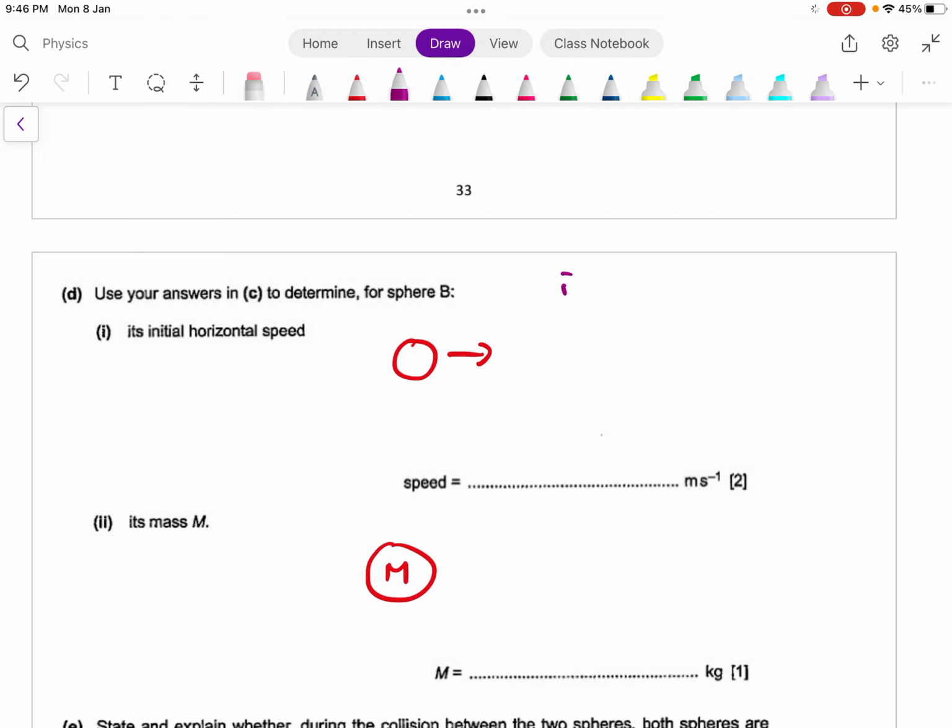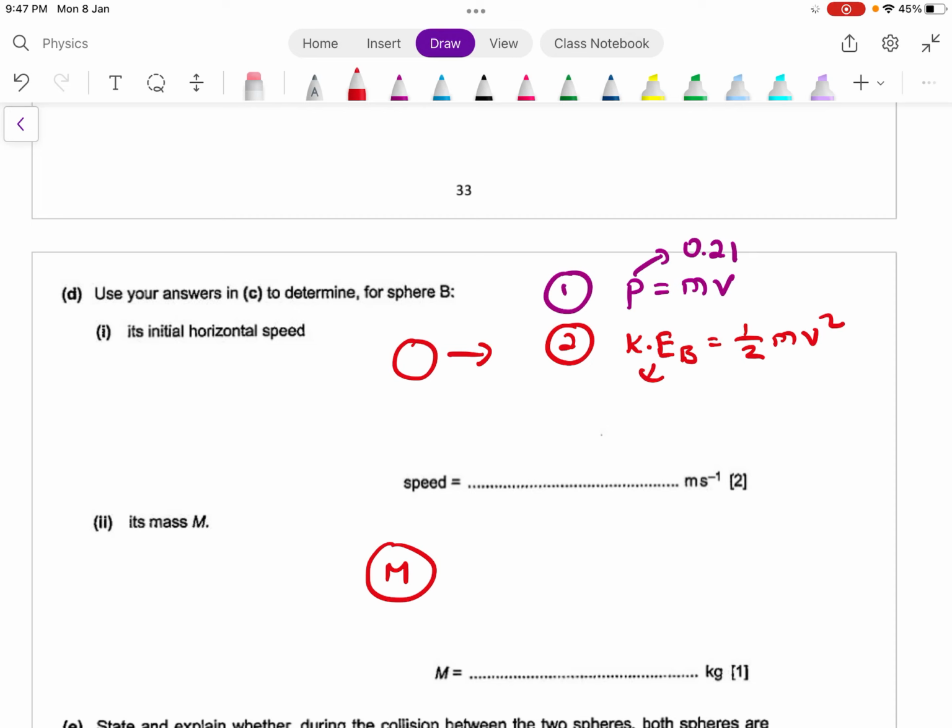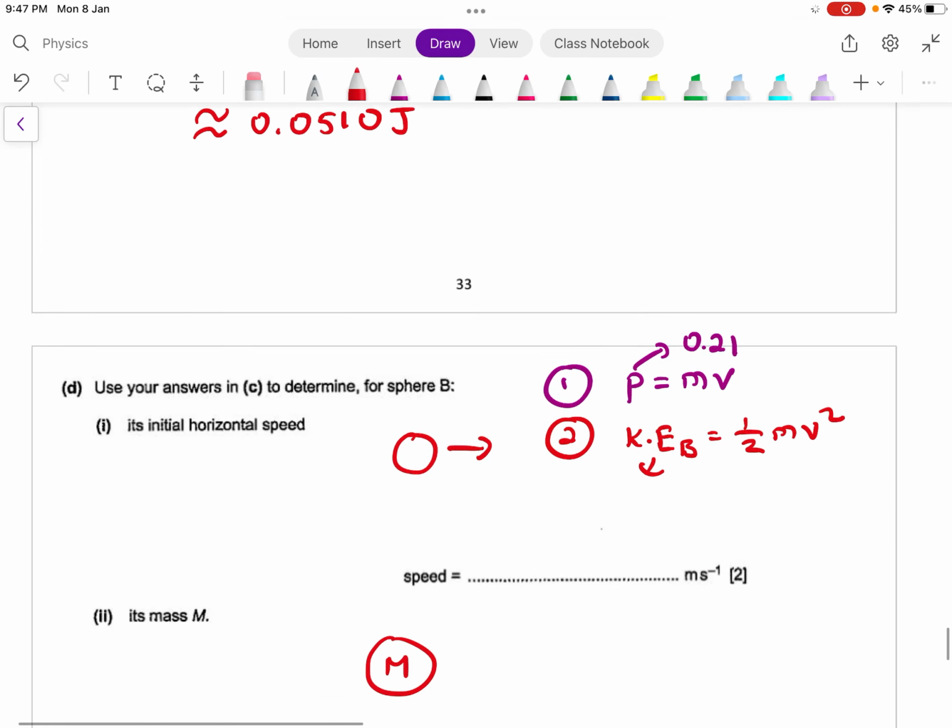So I can put first P equal to mv. So my P will be 0.21. Then for kinetic energy, half mv squared, so KE of B is equal to half mv squared. So KB is 0.051.